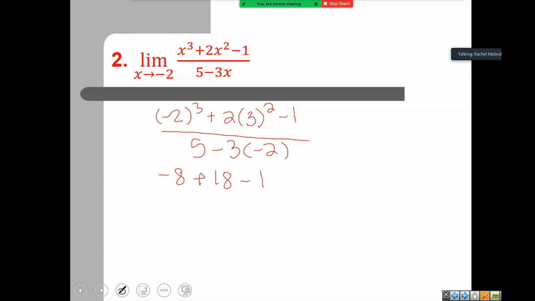These are really hard to write because my plus and minus keep looking odd. Plus 6, it's 11. So it's negative 11.